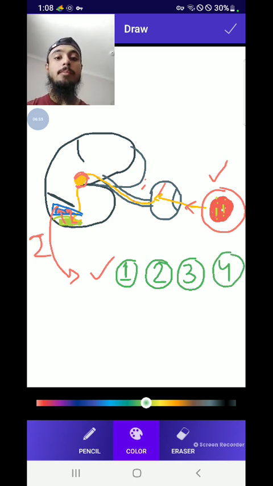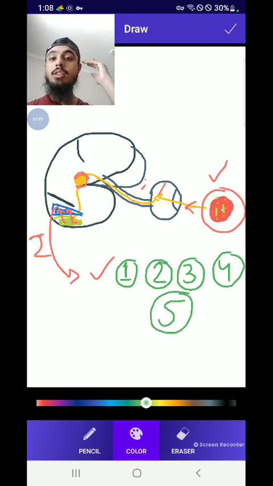And fifth, comparing this object with the past memory stored in the brain, in the visual association cortex. So all these functions are related to the visual association cortex. The only function related to the primary visual cortex is to just see the object, not recognize it.